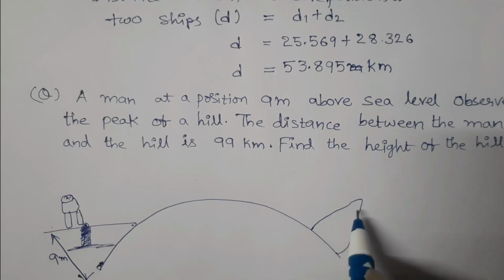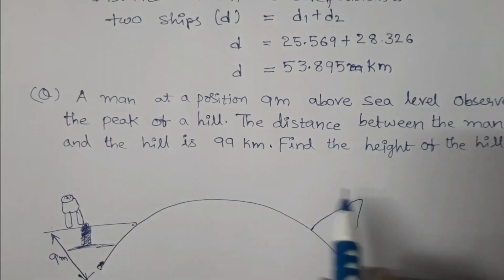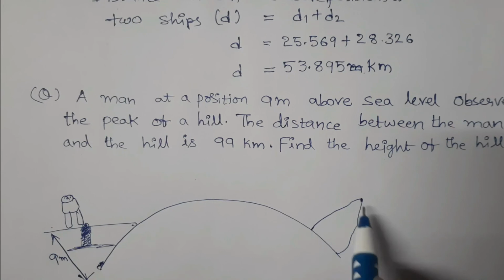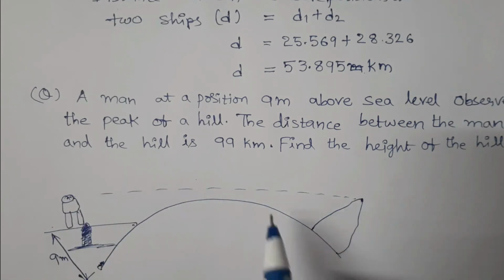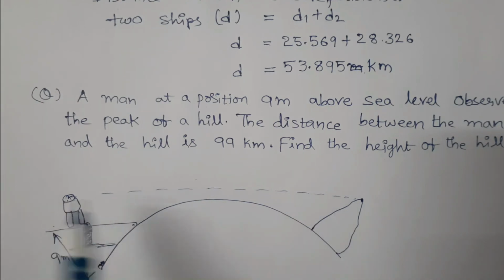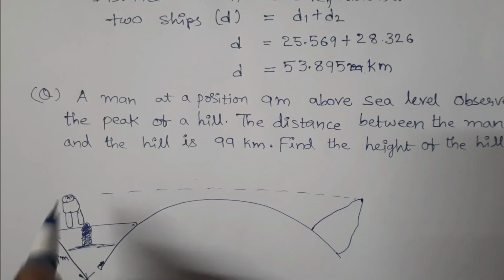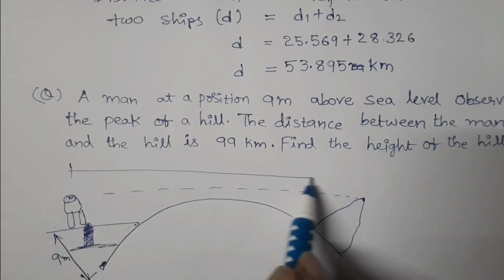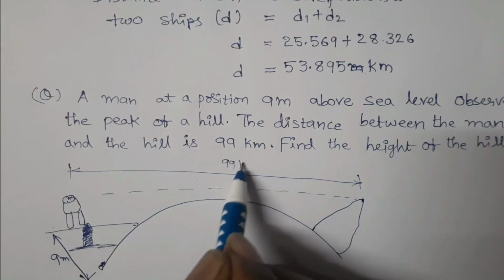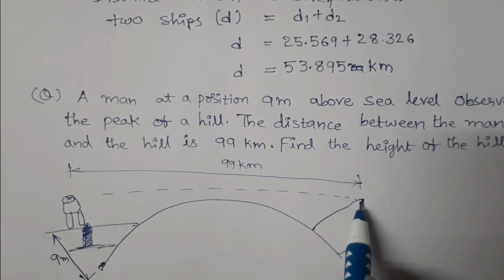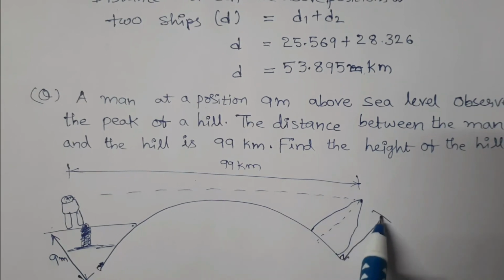This is the hill. He observed the peak, that means topmost point of a hill. The distance between man and hill is 99 kilometers. So we need to find this height of the hill.